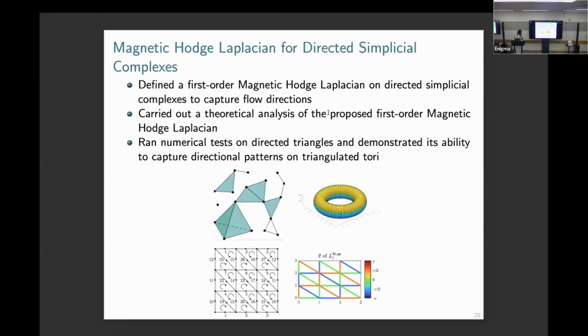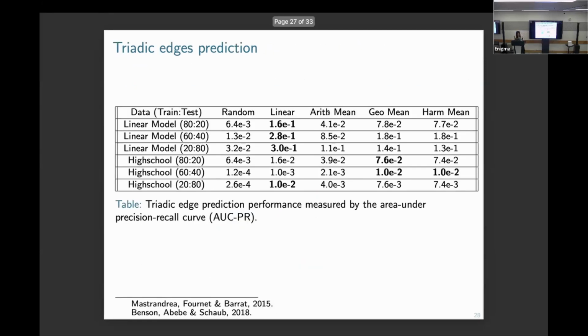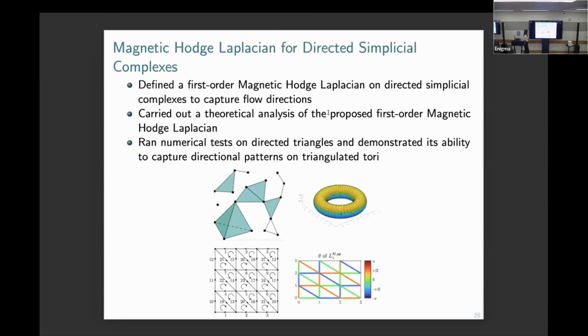Okay, so this part I'm going to mention briefly. This is not related to any generative model, but I think it's also interesting, and we can definitely discuss more afterwards. I've talked about the magnetic Laplacian, and it's actually a special case of a connection Laplacian. In the connection Laplacian, we can assign a rotation between nodes.